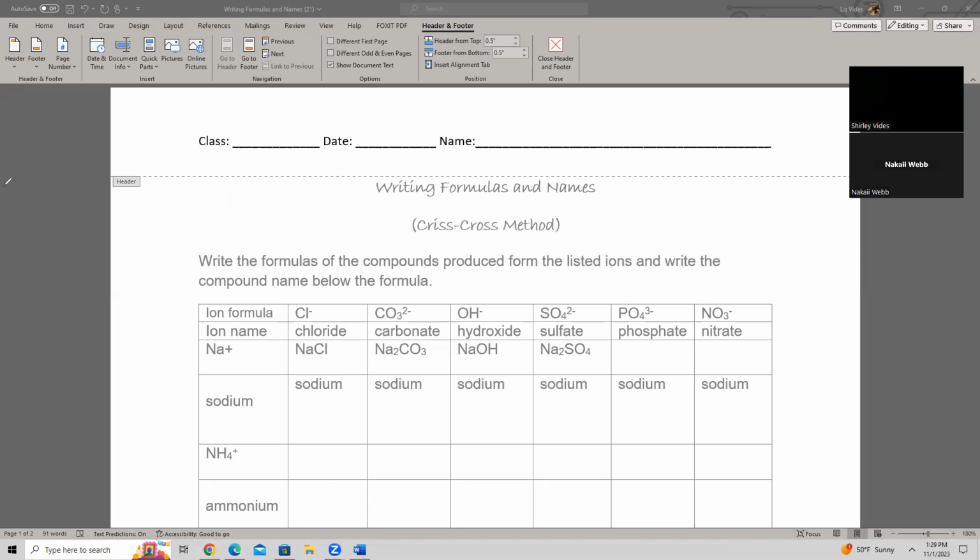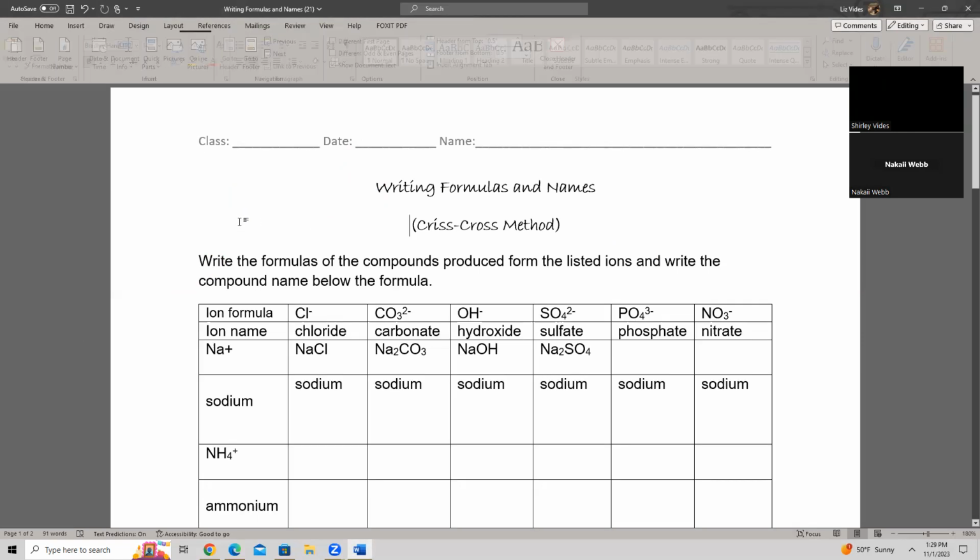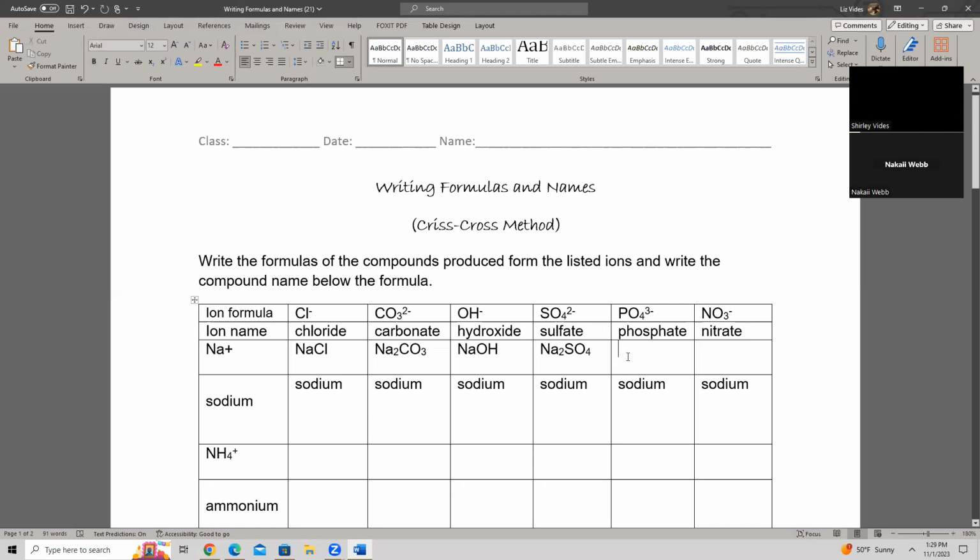Okay, so the next one is sodium again, right? And it's phosphate. So sodium, and we have PO4. But this one has a 3 charge.